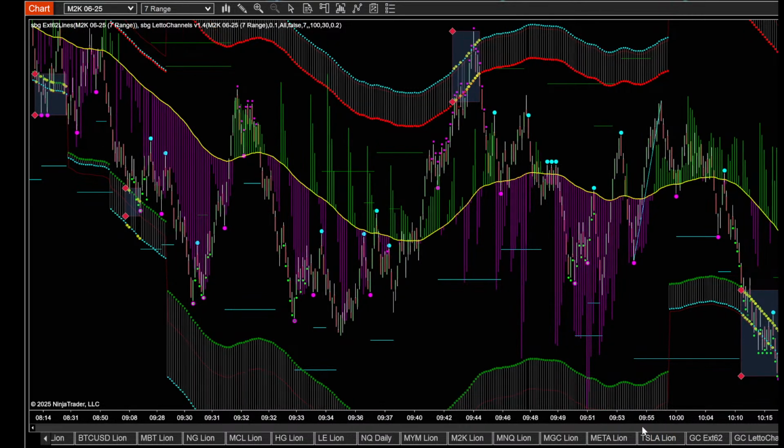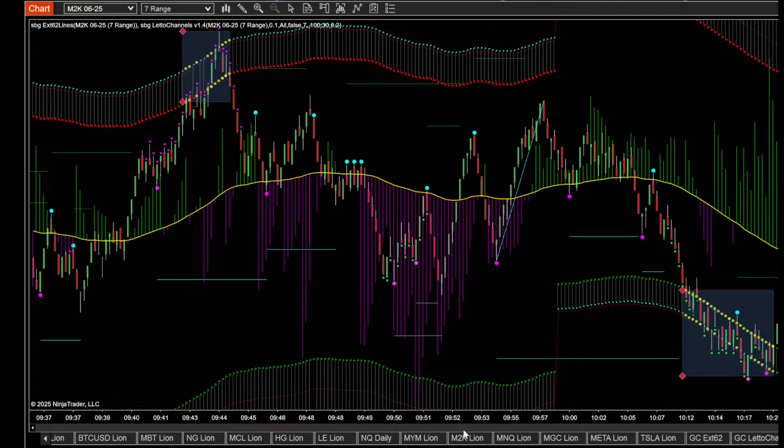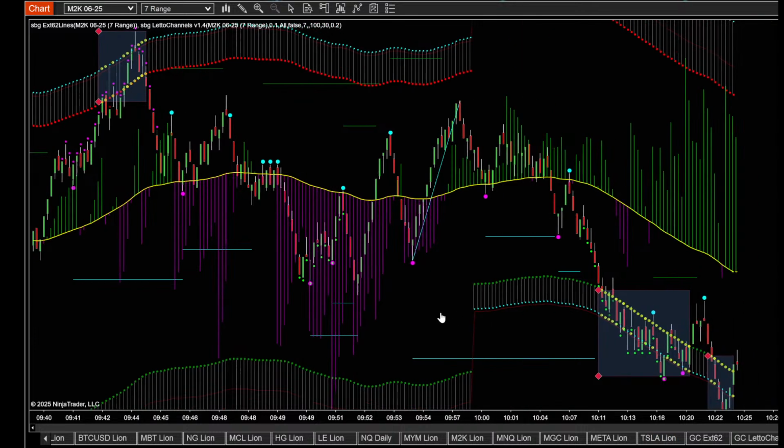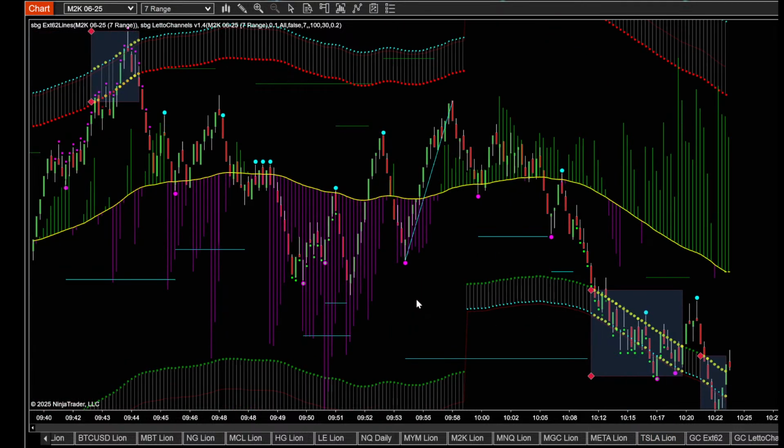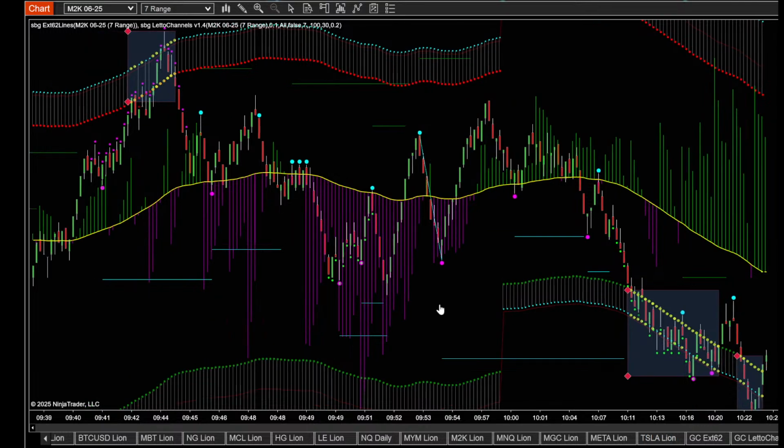I just don't like even running it on a non-time-based chart. A trend trade possibility. Boom, boom. These would be trend trades, but they failed. Be a break-even trade.